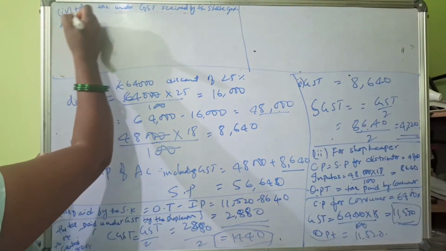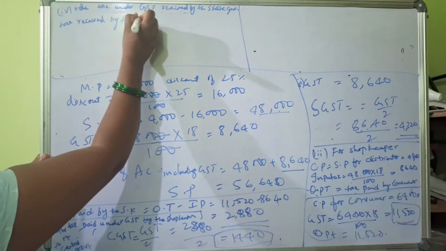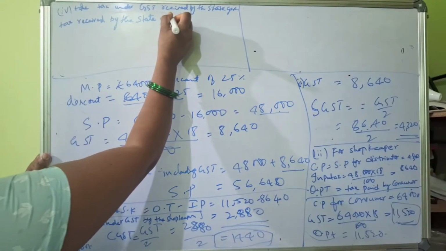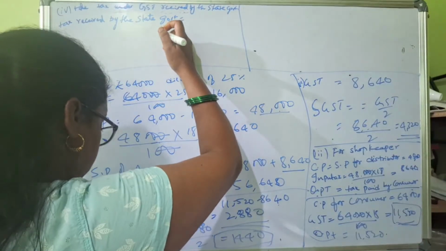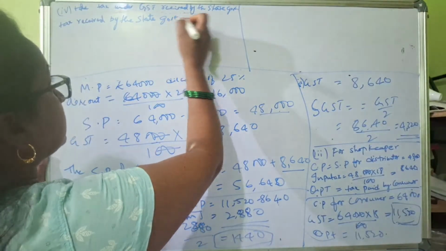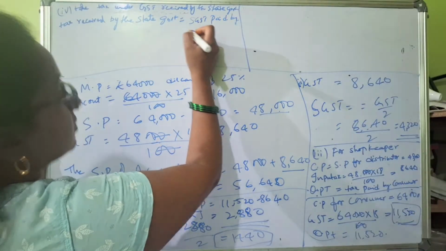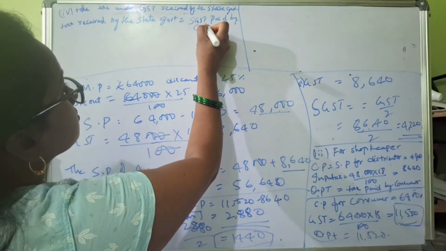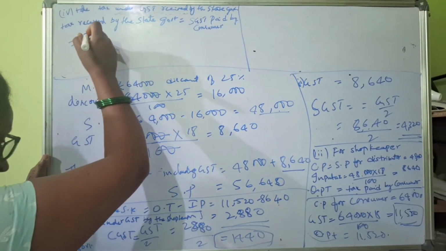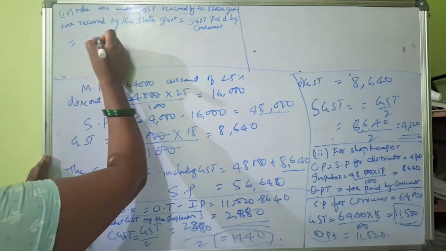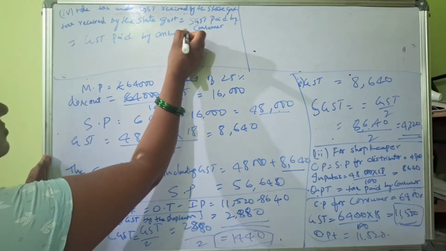So tax received by the state government is equal to GST paid by the consumer divided by 2.